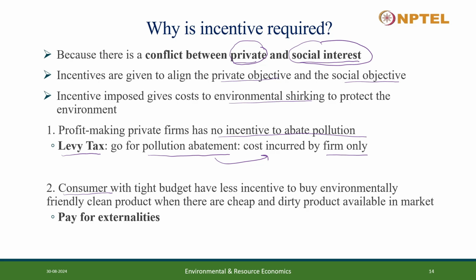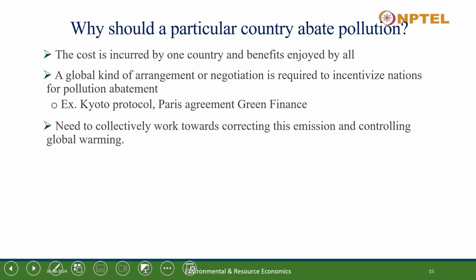However, the lower cost product might be produced with higher environmental degradation, or it might not be environmentally friendly. So in these cases, the consumer is also not paying for the externality, and incentives are needed. So these are the introduction.